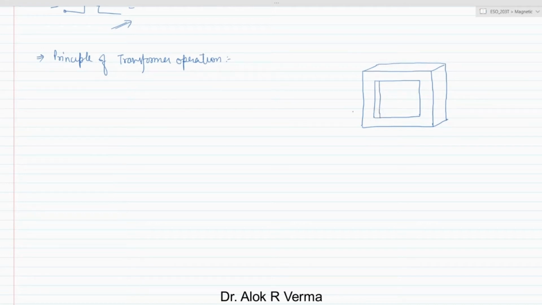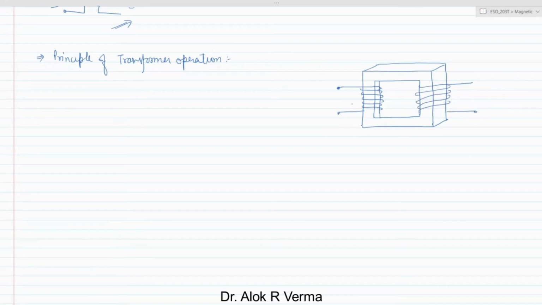Okay. So this is the core. So this core will be having a common magnetic circuit. So this core basically provides the common magnetic circuit to the primary and secondary side. So this is one coil and another coil will be this.